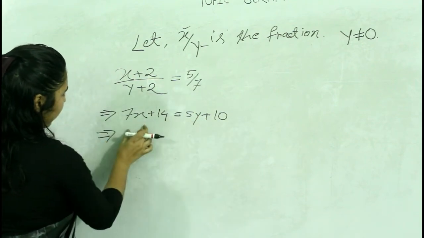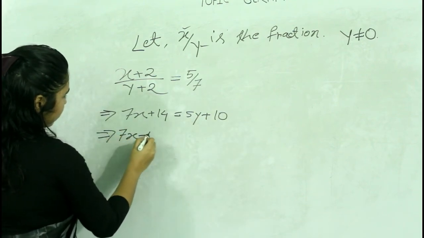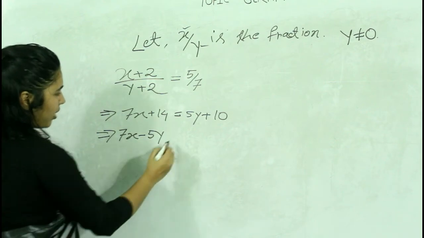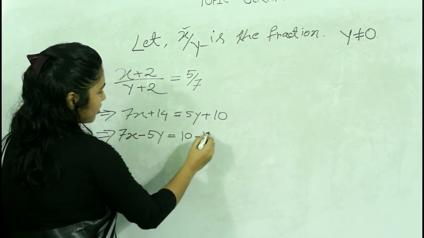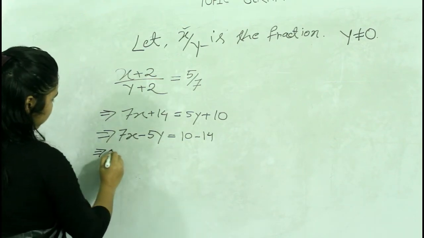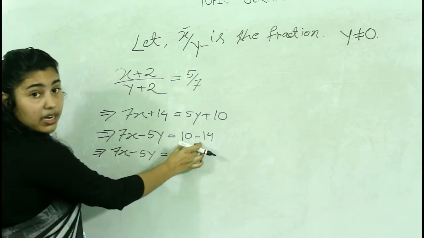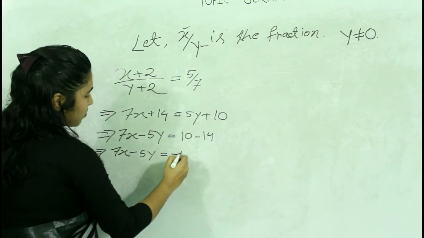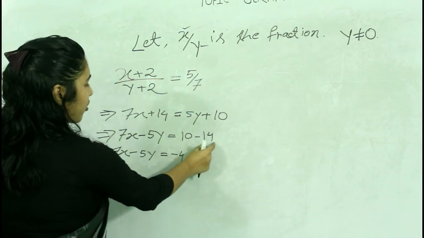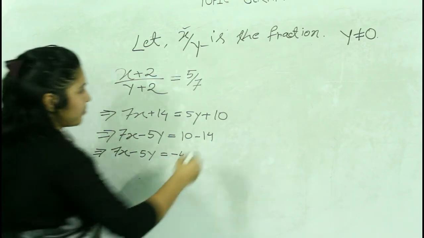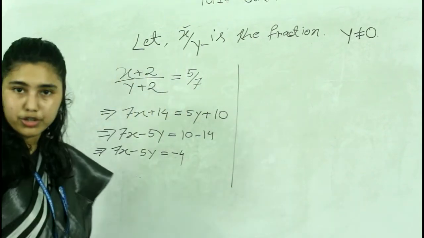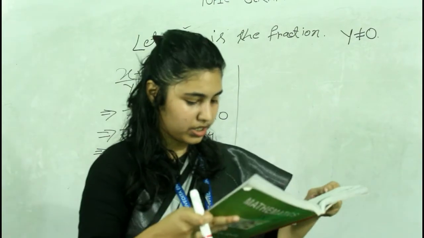Now, take this 5y this side, that means 7x minus 5y is equal to 10 minus 14, that means minus 4, because 14 is more than 10. Now come to part 2 of this question.